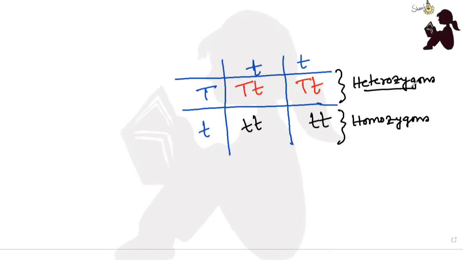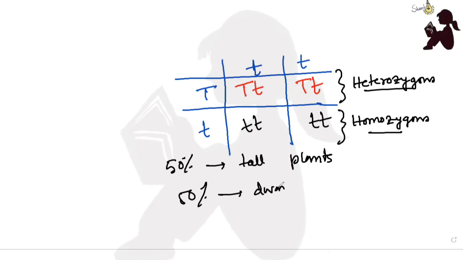So here the result is 50% tall plants and 50% dwarf plants. So this is the result of Mendel's test cross. Okay, now for all the other 6 contrasting characters, he found similar results.